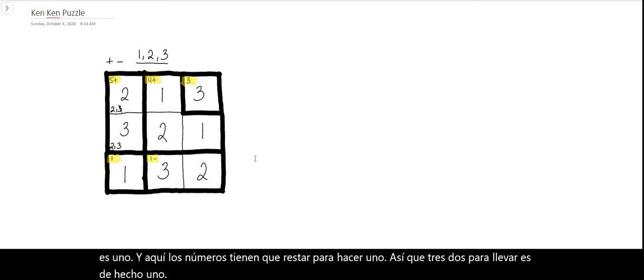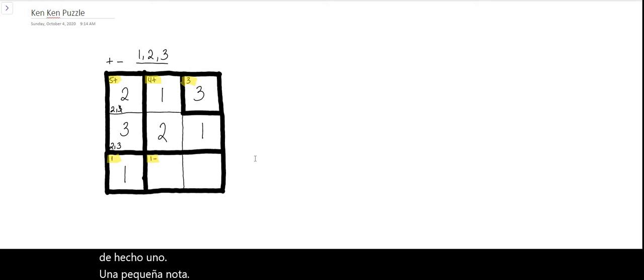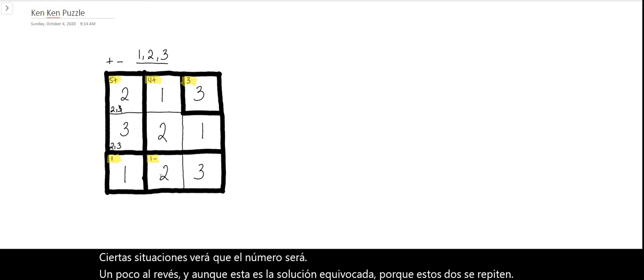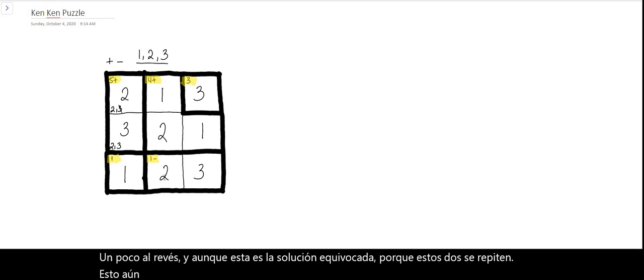One small note. In certain situations you will see that the numbers are written kind of backwards. Even though this is the wrong solution because these two are repeating, this would still be bigger number subtracting smaller number to make the 1.